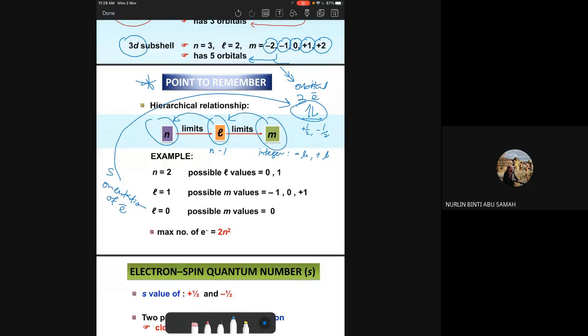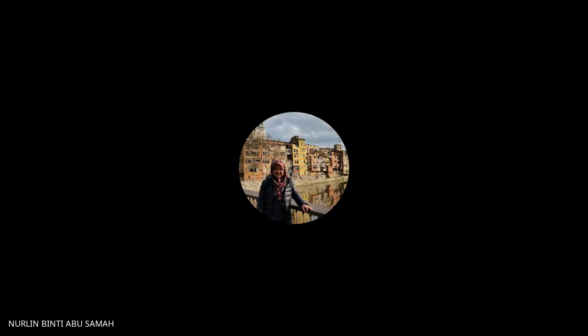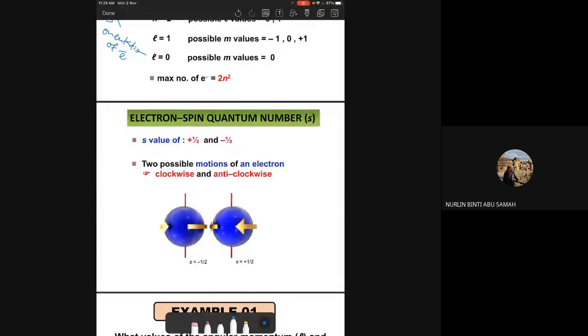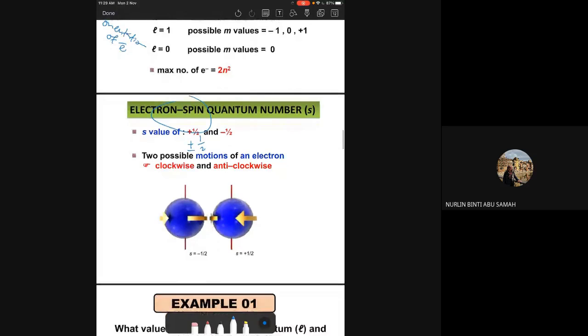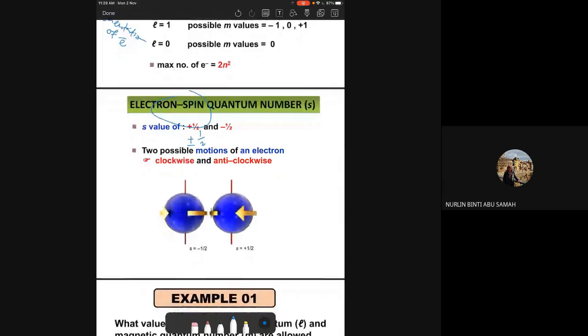So now let's look at the electronic configuration for spin. As you can see here, there is a plus and minus half. What does this represent? Two possible motions of an electron. Kalau dia ada dua elektron bersebelahan, dia akan saling menolak. Can you understand this concept? When you have two charges, negative and negative, they will keep repulsing.